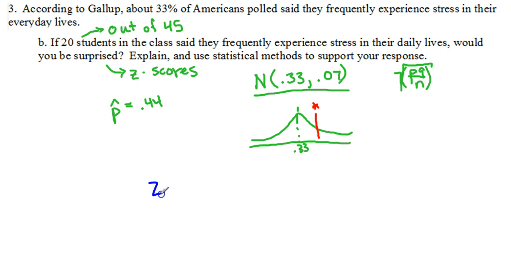So the z-score for this particular p-hat, 0.44, we're going to calculate by taking p-hat minus the population proportion. And we're going to divide that by our standard deviation that we calculated using this over here. So we plug this into our calculator. Hopefully before you calculate, you can see this is going to be 0.11 over 0.07.